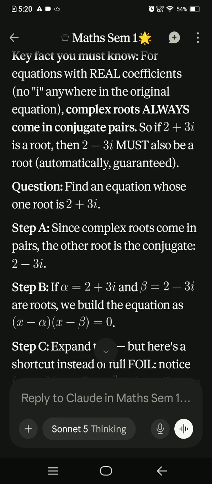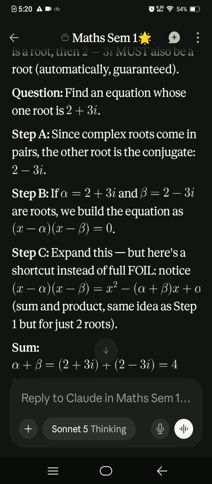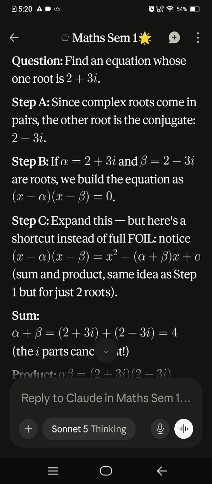Question: find an equation whose one root is this. Since complex roots come in pairs, the other root is its conjugate. Now step B, if alpha is this and beta is this are the roots, we build the equation like this. So it would be a quadratic equation, so expand this, but here's the shortcut instead.